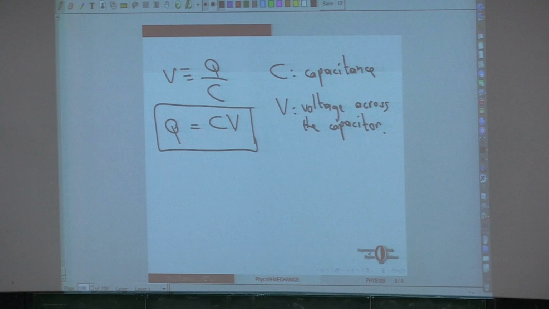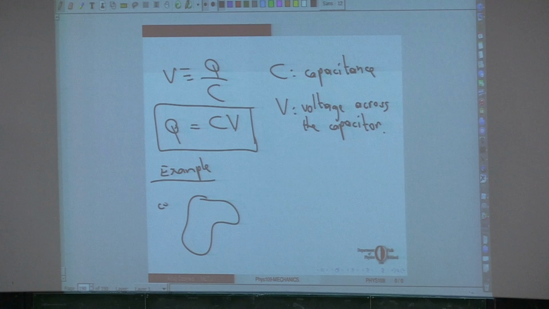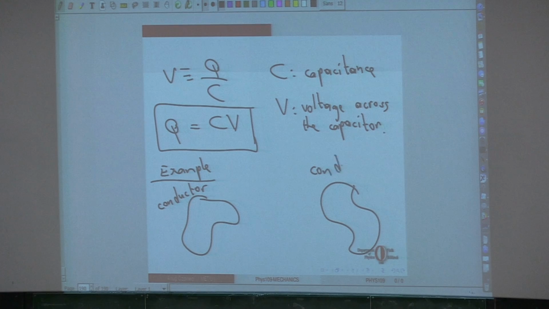You can take, for example, some arbitrary conductor and some other conductor. This is a capacitor. Your two friends sitting over here, they form a capacitor. They are conductors, so they are capacitors.